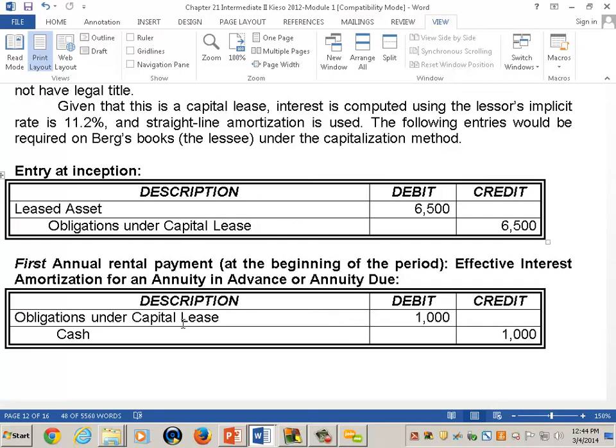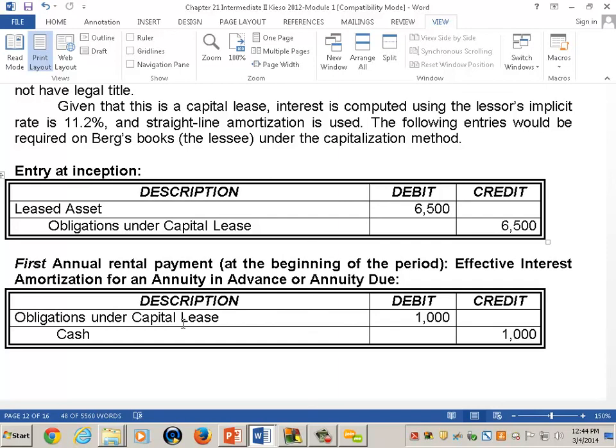Now, we're going to see this, and as I said, I'm not going to get into too much today on amortization tables, but realize that when you look at this lease liability on the capital lease, the first payment comes off immediately.